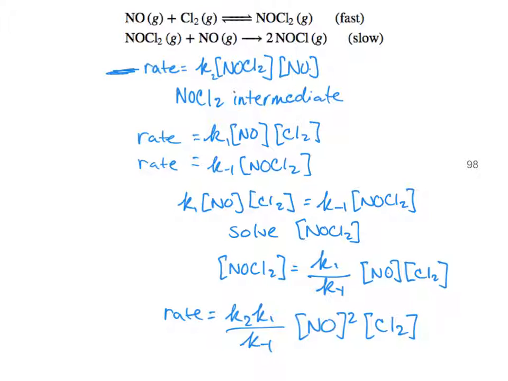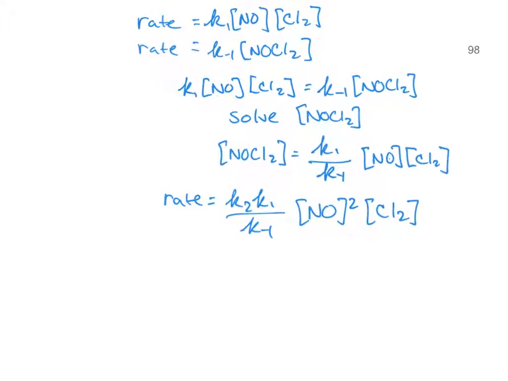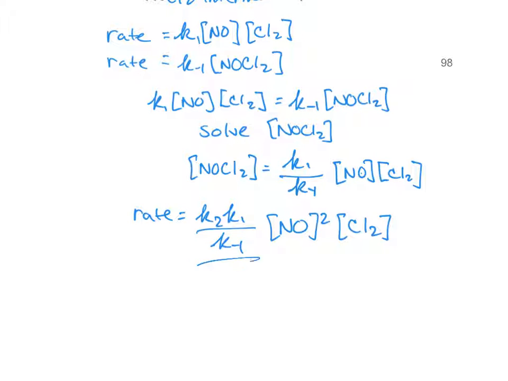You said we can just substitute all the K's for just one K, right? Yeah, basically this is just another constant. K2 times K1 over K minus 1 is a constant, so I just make up another K. On an exam, do you think the subscripts would show up, or would we just call it K?